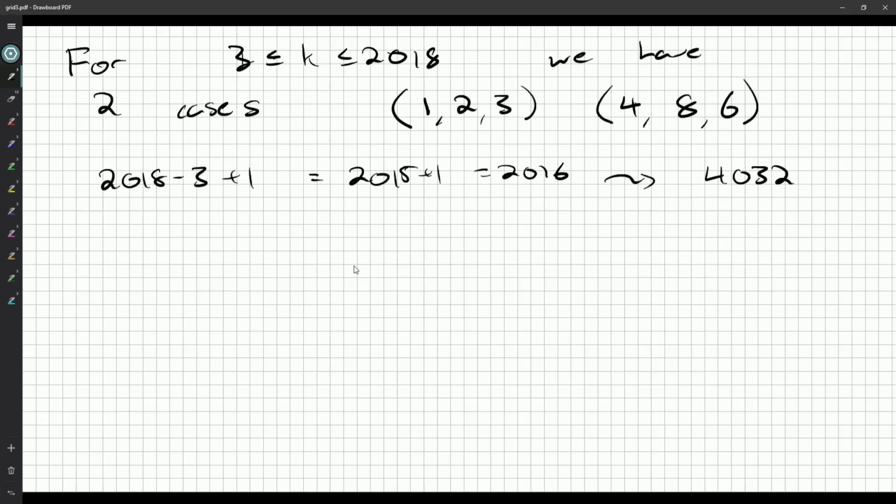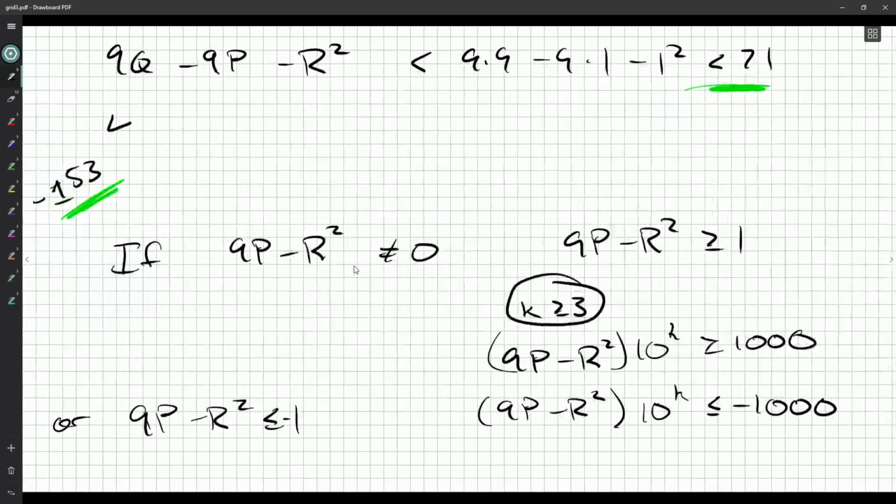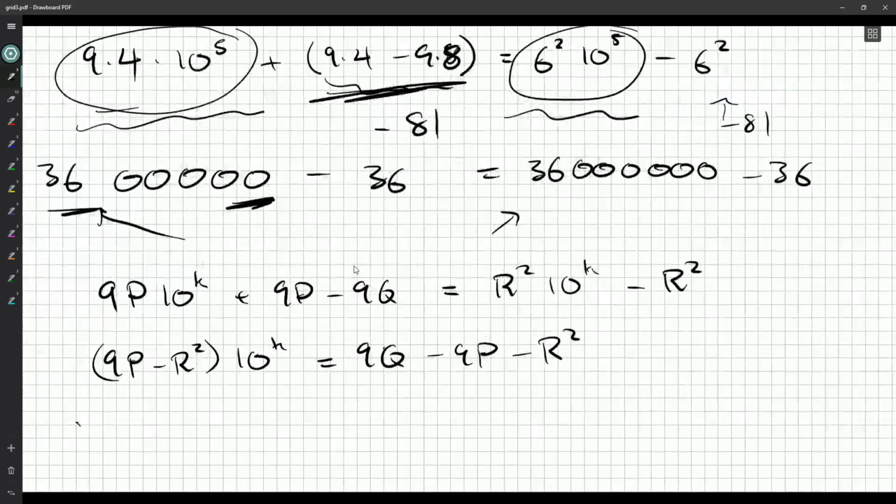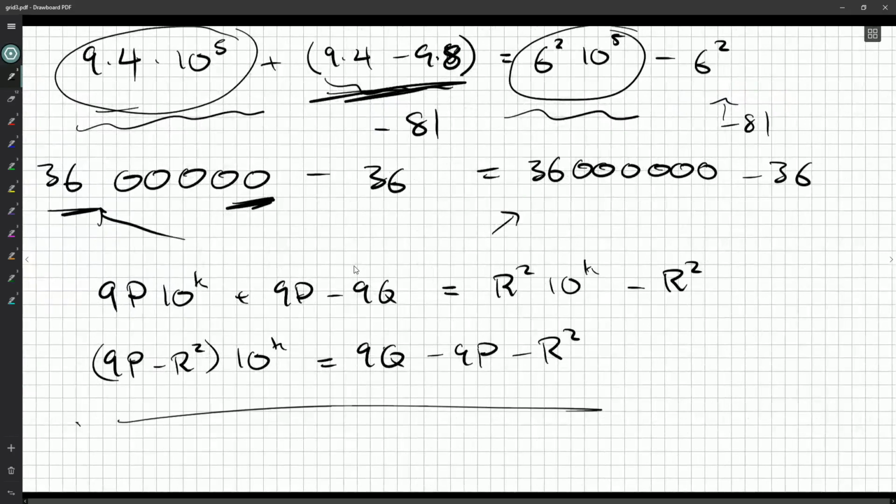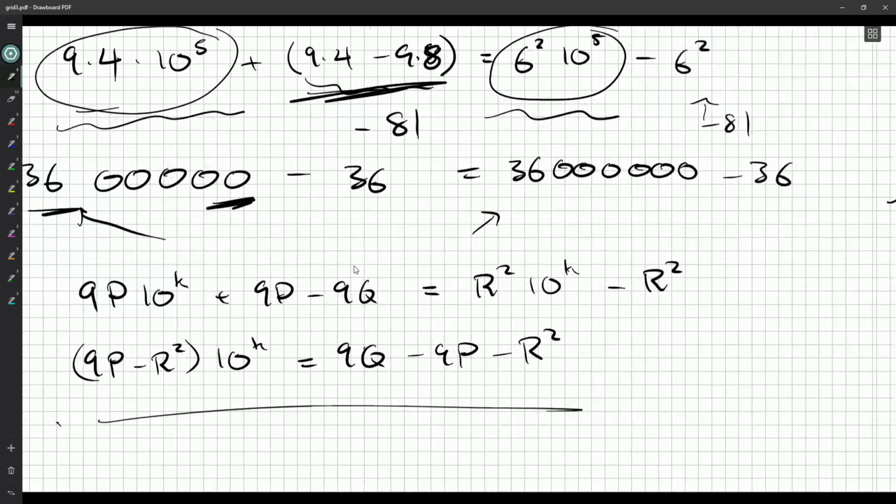And, alright, so we've got to move into the other ones. So let's say, how about our case k equals 2? So if k is equal to 2, I can't guarantee that those powers of 10 sort of lift things out of there. And so we're just going back and looking at this equation right here. But now I know k is going to specifically be 2.